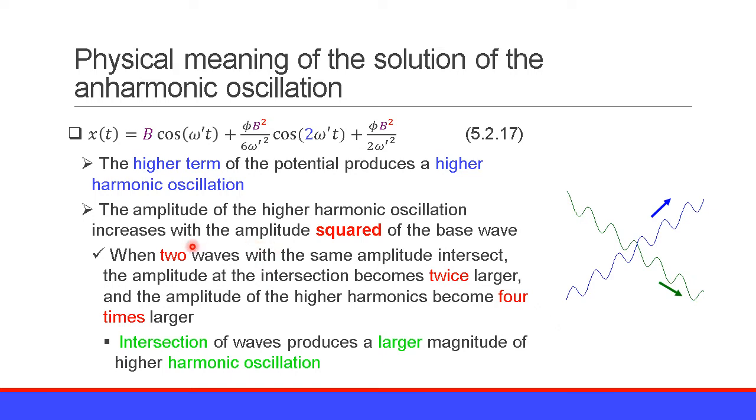So this means if two waves with the same amplitude intersect, the amplitude at the intersection becomes twice larger, because this b becomes twice larger. As a result, the amplitude of the higher harmonics becomes 4 times larger. Therefore, intersection of waves produces a larger magnitude of higher harmonics oscillation.